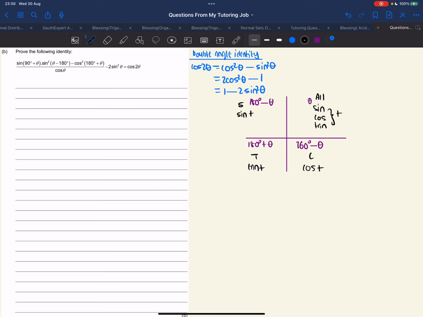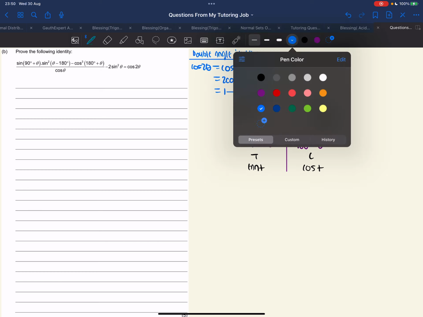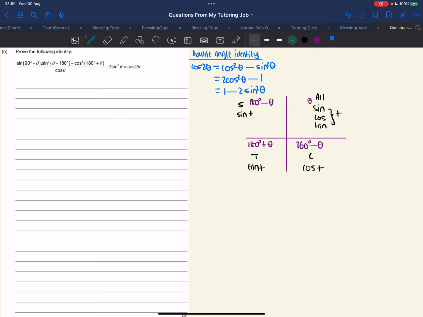And then the other ones that I also see are co-ratios. According to co-ratios, if you have a sine of 90 degrees plus theta, you basically have cos of theta.